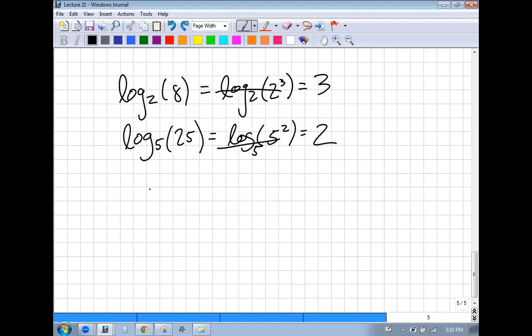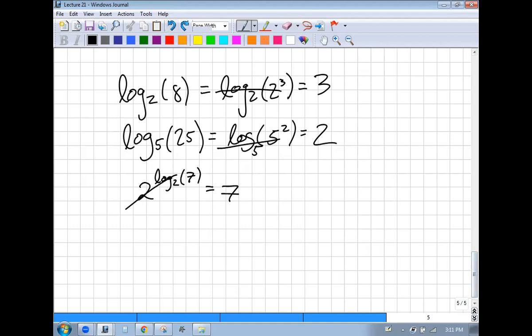If I did this another way, 2 to the log base 2 of 7. What would this be? Well, 2 to the log base 2 undo one another, and you just get your 7. Okay, because they're inverses. Just like if I put the exponential inside the log, if I put the log as an exponent, all right, that's how you undo one another.